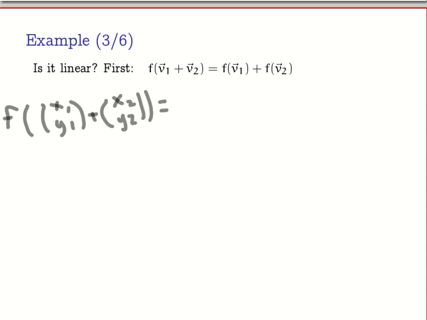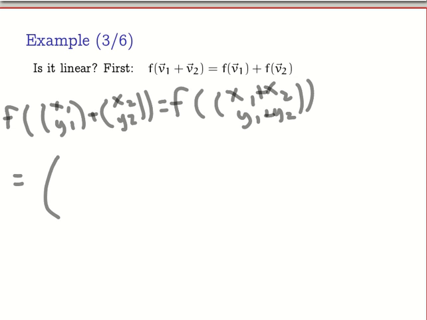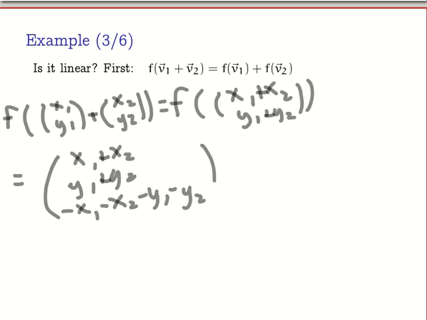Our rule tells us how to send one vector, so we first have to perform the vector sum to get f of (x1 plus x2, y1 plus y2) as the two components. Then we can apply the rule and see that that's equal to (x1 plus x2, y1 plus y2, and then minus x1 minus x2 minus y1 minus y2).